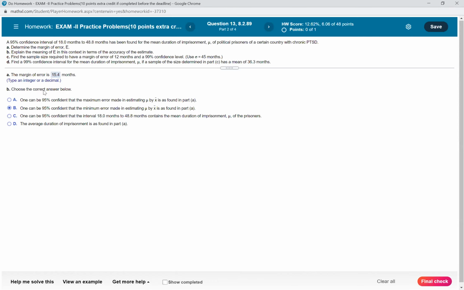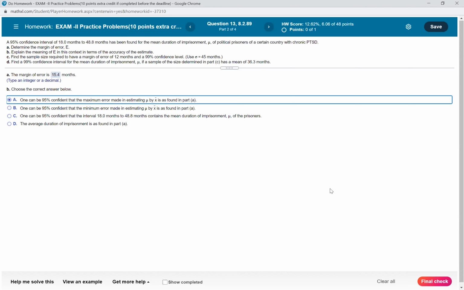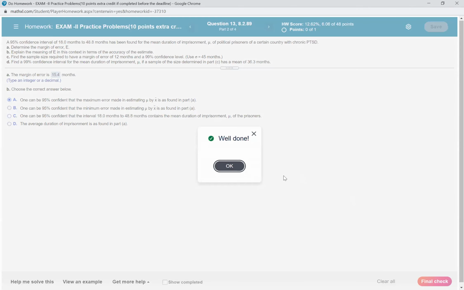I thought that B is the minimum. Sorry, the maximum error is the margin of error. So this is the correct answer.